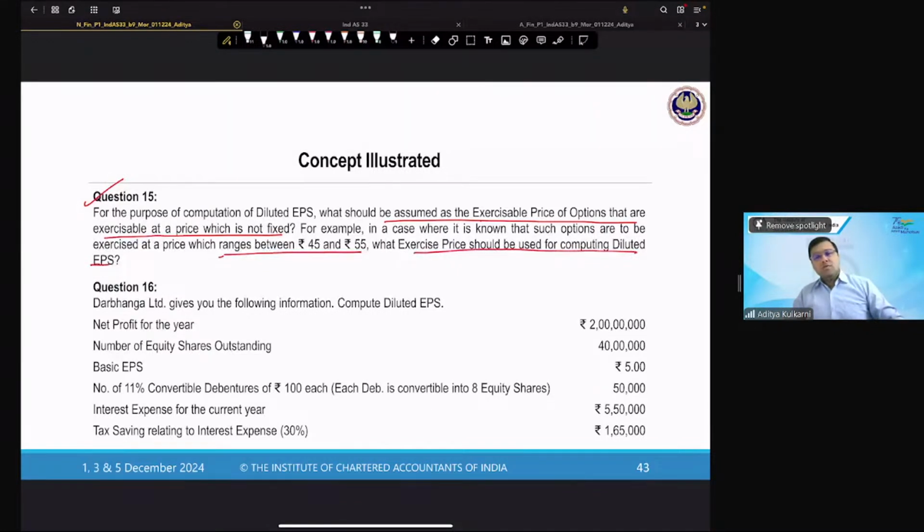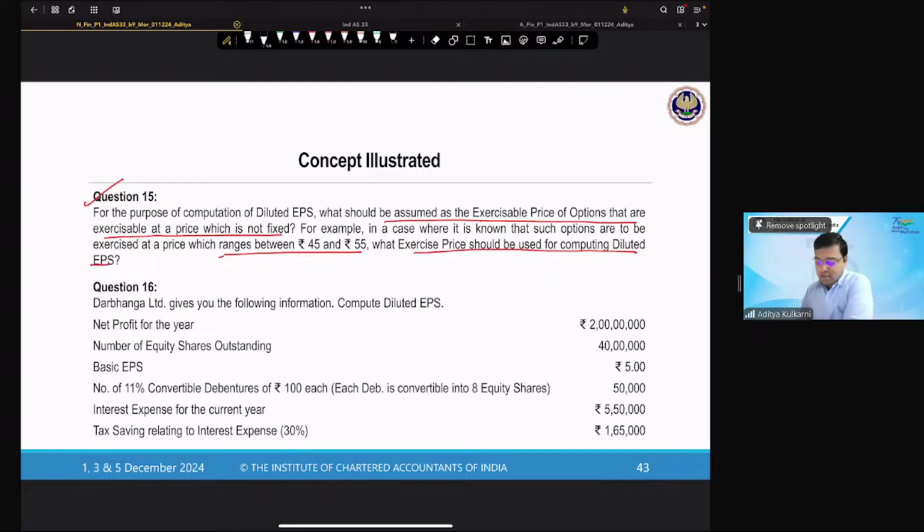But we will have further category of questions where financial instruments are applicable. So actually your overall EPS must be computed in line with provisions of Ind AS. But right now, we are not going into those complexities because the objective is to make you understand the diluted EPS calculations.